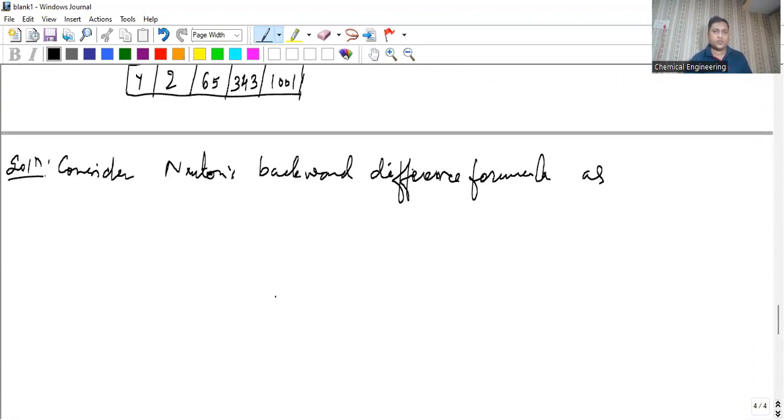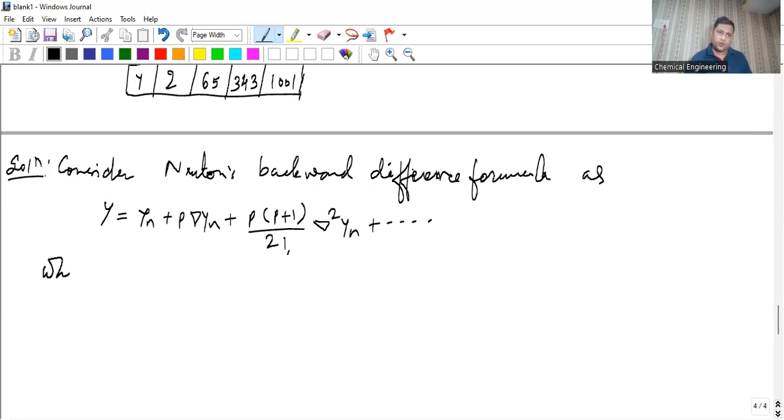So what is the Newton's backward difference formula we have? y is equal to yn plus p del yn plus p into p plus 1 by 2 factorial del square yn and so on, where x is equal to xn plus ph.